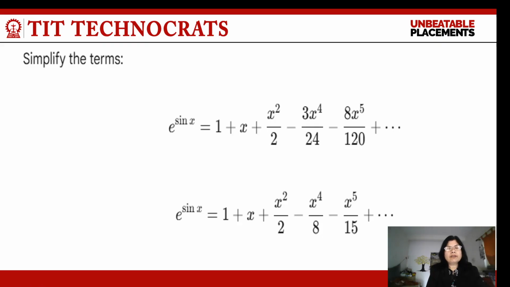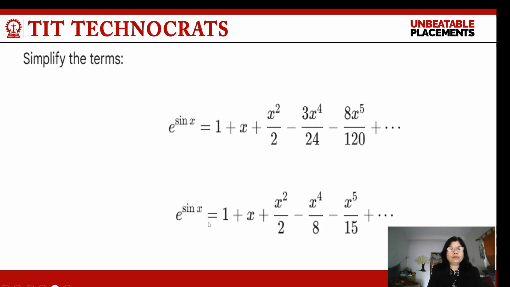After simplifying we get e to the power sin x is equal to 1 plus x square by 2 minus 3x to the power 4 by 24 minus 8x to the power 5 by 120 plus. So here 3 by 24 gives 1 by 8, and 8 divided by 120 we get 1 by 15.